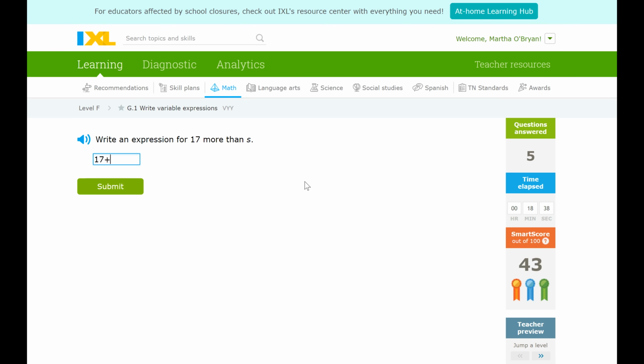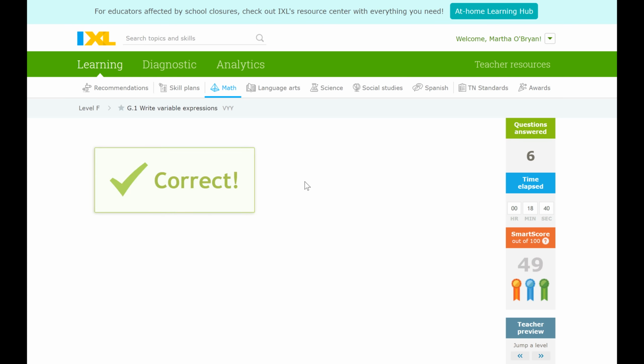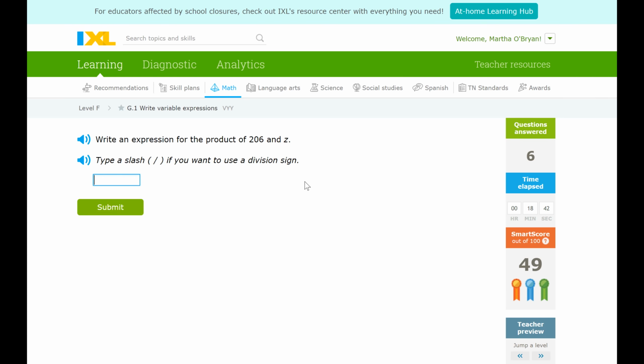17 more than s. So write an expression for the product of 206 and z, and then it says type a slash if you want to use a division sign. It starts putting in this instruction just in case you want to use division, but just because it has this instruction doesn't mean you actually need to use division.